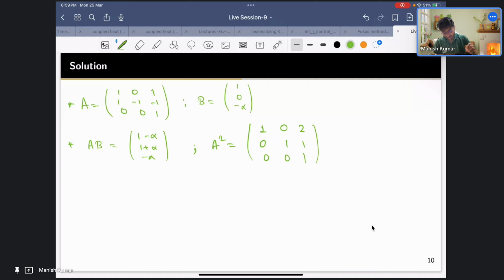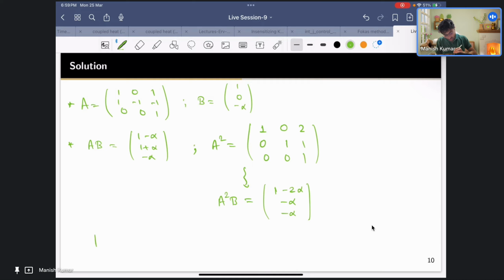I hope I'm not incorrect. Then from here you can compute A square B. So A square B would be (1 minus 2 alpha, 1 minus alpha, minus alpha). Okay, so this is A square B.